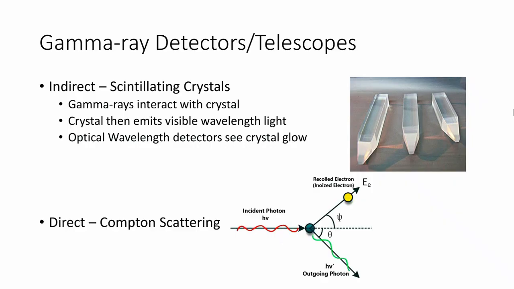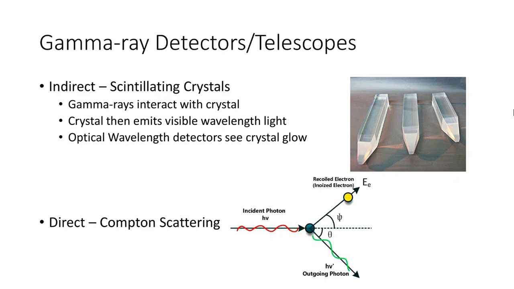Then you just set up a normal optical wavelength detector to basically stare at these crystals and wait for them to start glowing. And then you do a bunch of complicated physics to work backwards and figure out where that gamma ray had to originate in the sky.